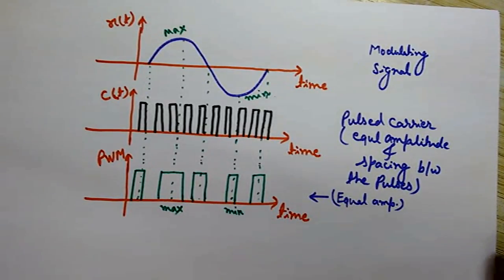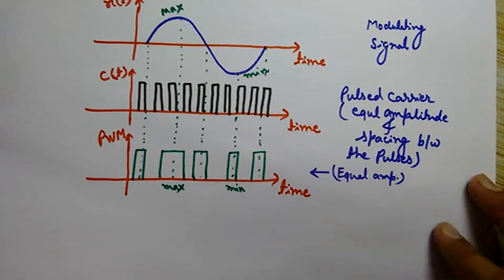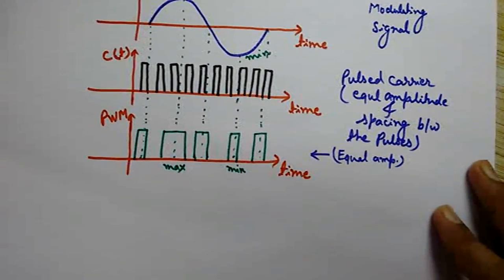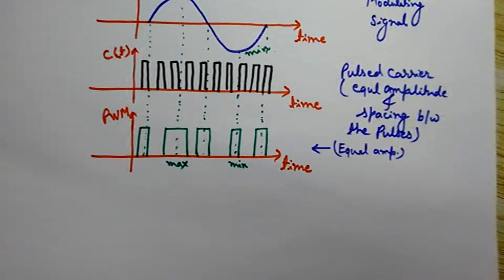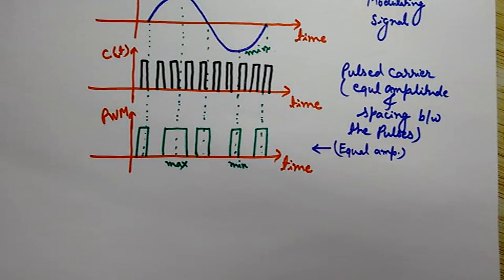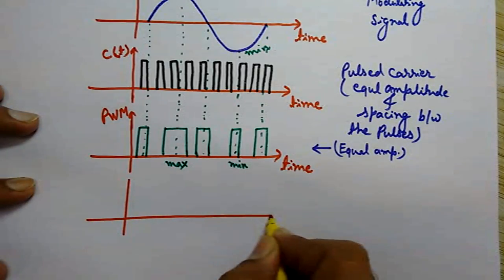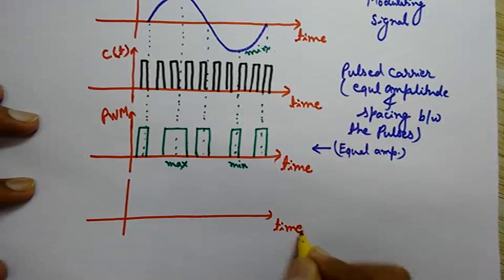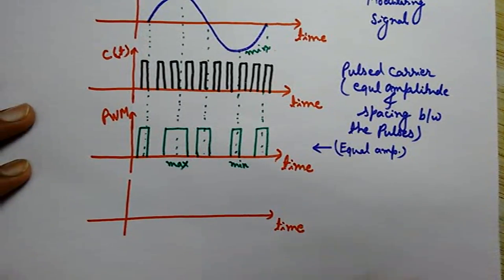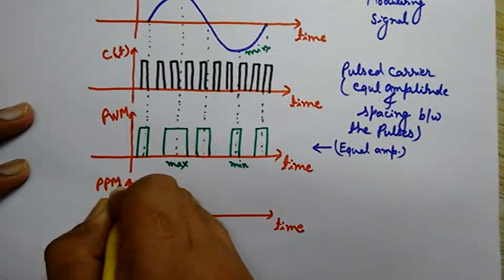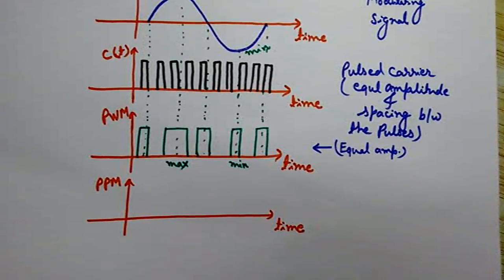So now it's time to draw the pulse position modulation. Okay. So how to obtain the pulse position modulation from pulse width modulation? The time axis. Here I will draw the pulse position modulation. In PPM, the trailing edge of the PWM is the starting point of PPM.